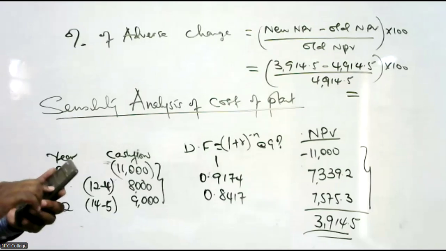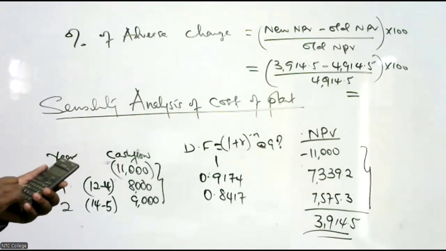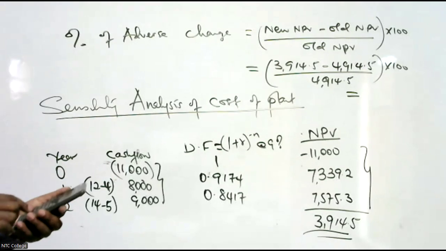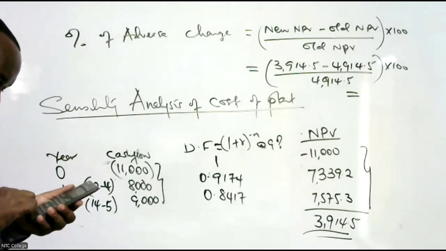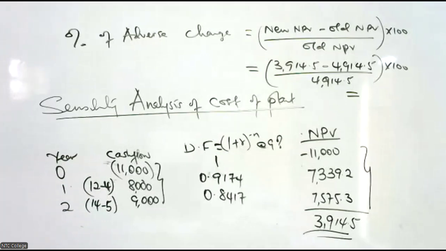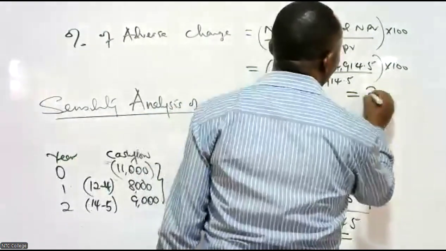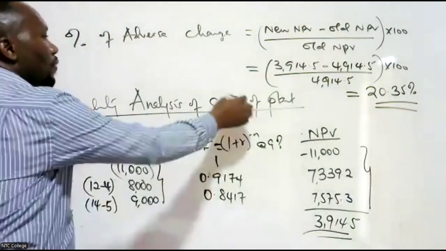What is the percentage change? 20.35%. Okay, so that one we have varied the cost of plant.